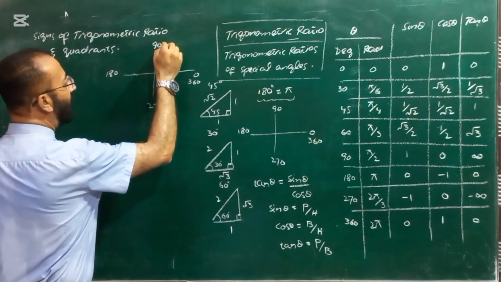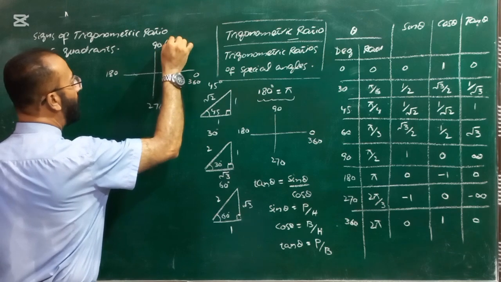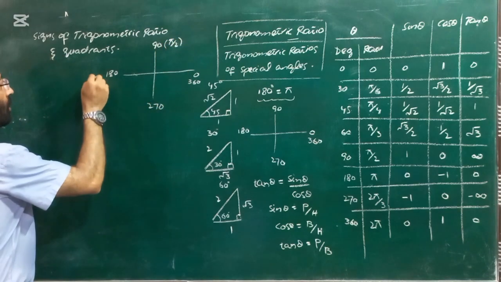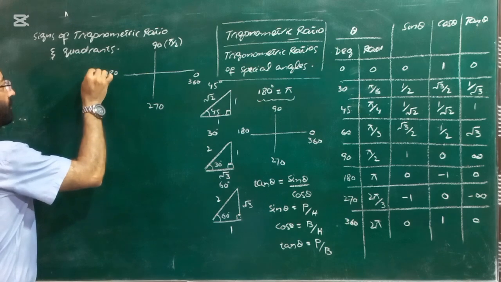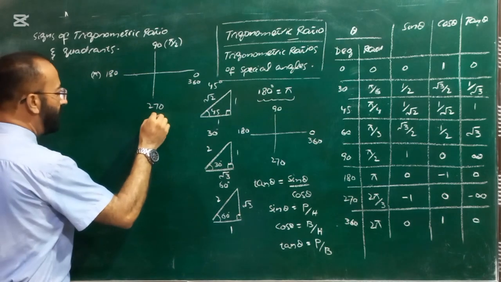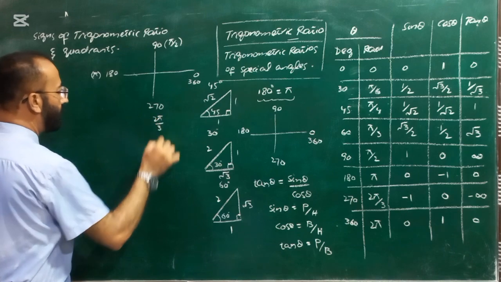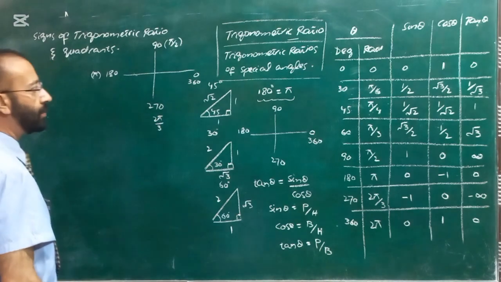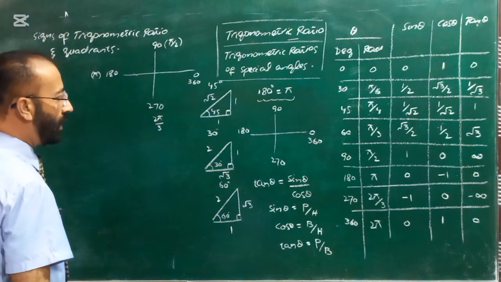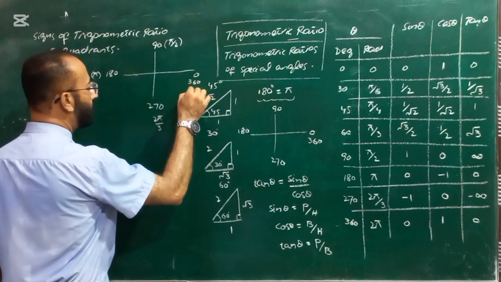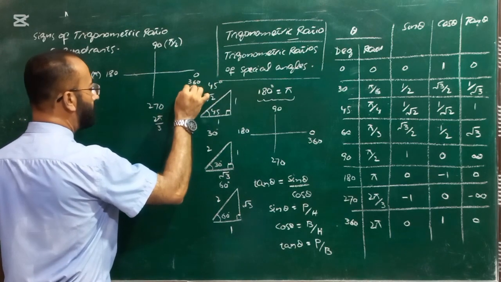So 90 is called pi by 2. 180 is called pi. 270 is called 2 pi by 3. And the last thing is 360 degree is called 2 pi.